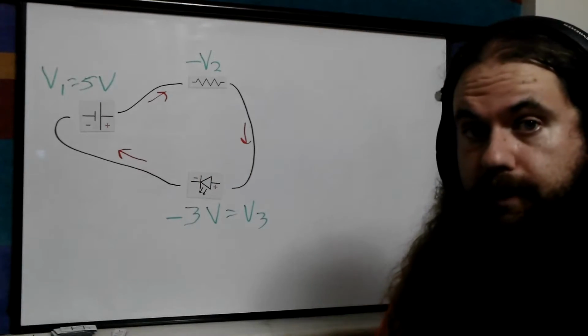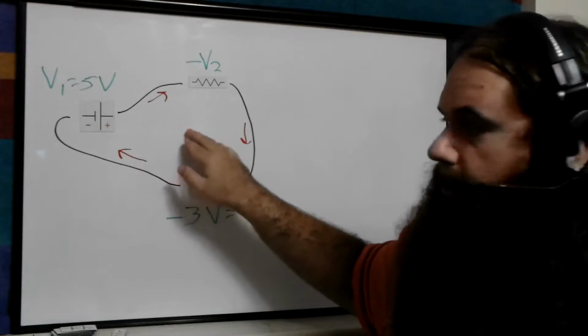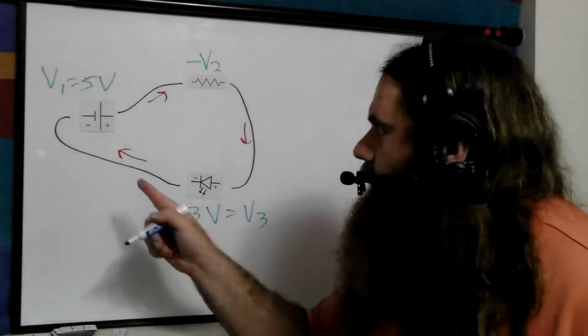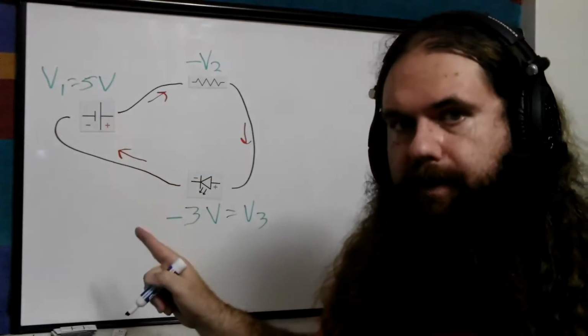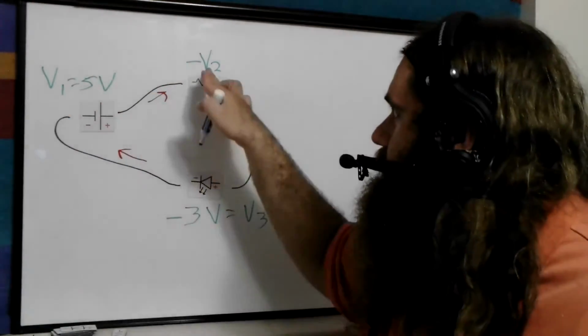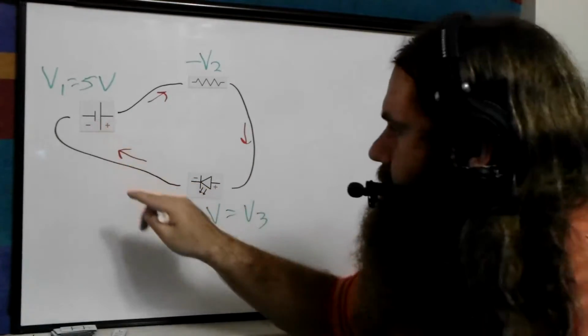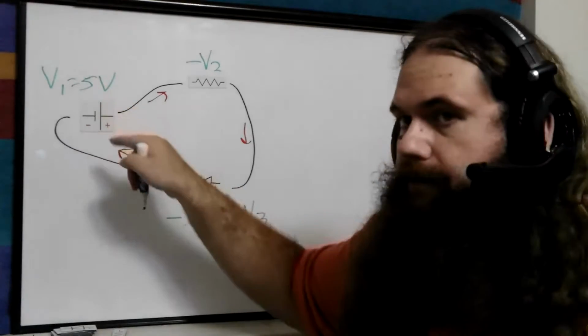Now, you can do the loop the other way. What if we do the loop this way? Don't change the arrows. Let's say we're doing the loop backwards with the arrows as they are. Well, V1 is positive, but we're going backwards. Your voltages here that you have written down, whether you know them or not, the positive and negative is based on the current direction. If you're going against the arrow, you negate whatever it is.